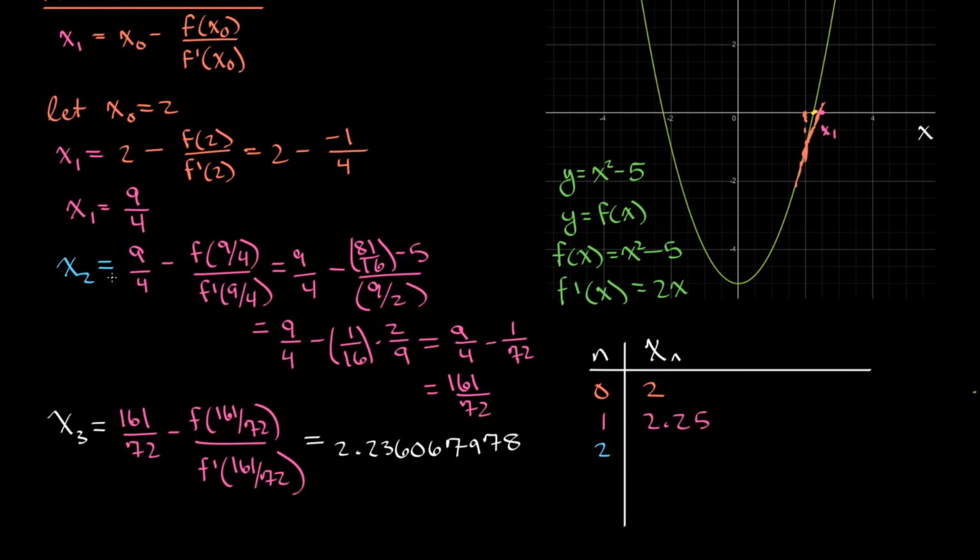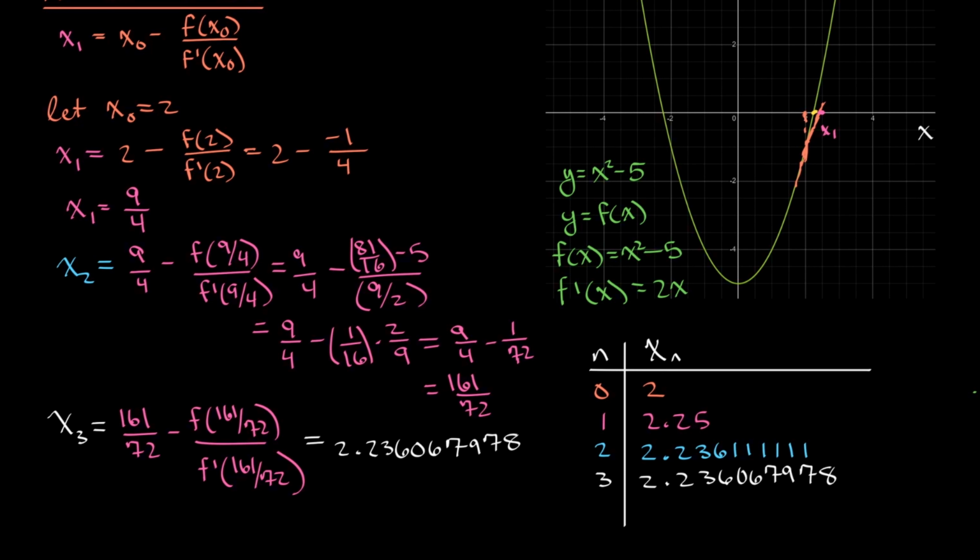we said was, this is our x-intercept, this is what we got from Newton's method, and that's at 161 over 72. I calculated that out on a calculator and got 2.236 and then 6 ones. 1, 2, 3, 4, 5, 6. Okay, and then lastly, what we got out of Newton's method was this: 2.23606797978.